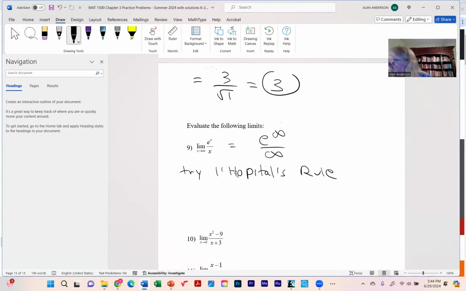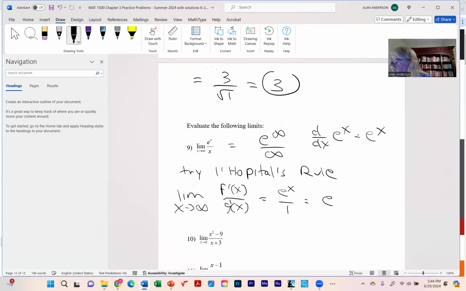So we'll try. So remember, the derivative of e to the x is just e to the x. The derivative of course, x is just 1. And that's actually 0. E to the infinity is 0. Okay, because you're raising it.